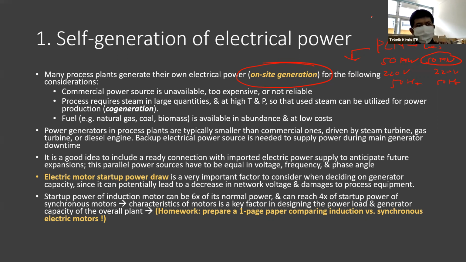Because when we have an electric generator, suppose this one is a steam turbine, something like this generator, if the load is not the same as the amount of electricity produced by us, or by them, the electricity will be tripped.